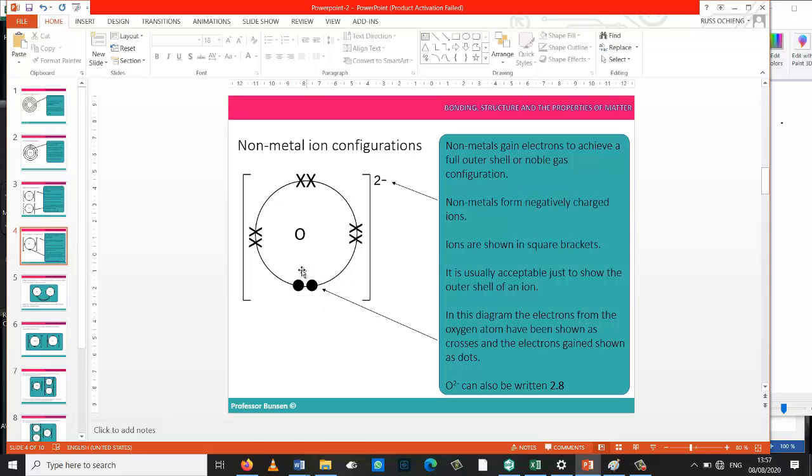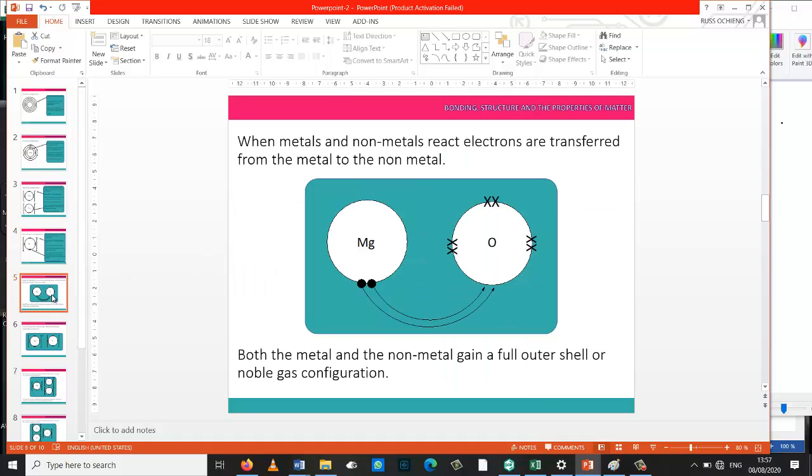When an element gains an electron, it becomes negatively charged, and we call it an ion. When oxygen gains the 2 electrons, it will acquire a 2- charge, and the electron configuration of the oxide ion will be 2.8.